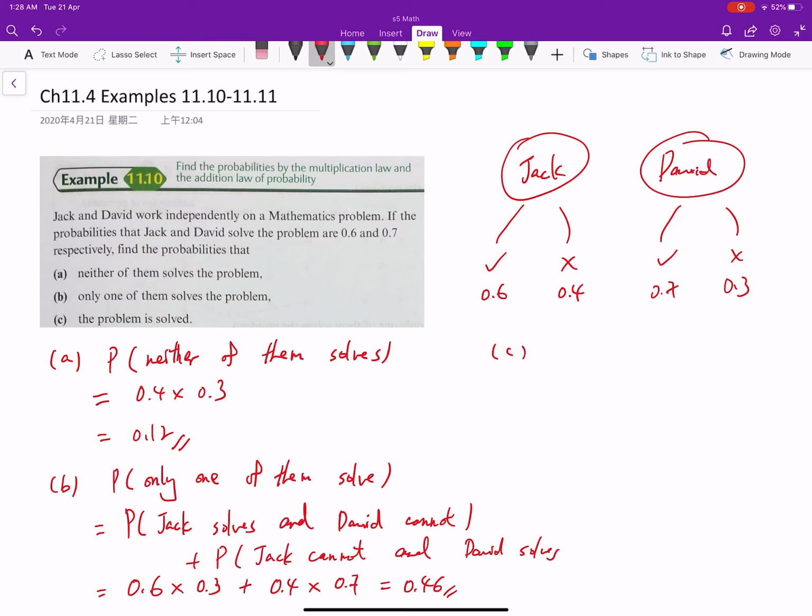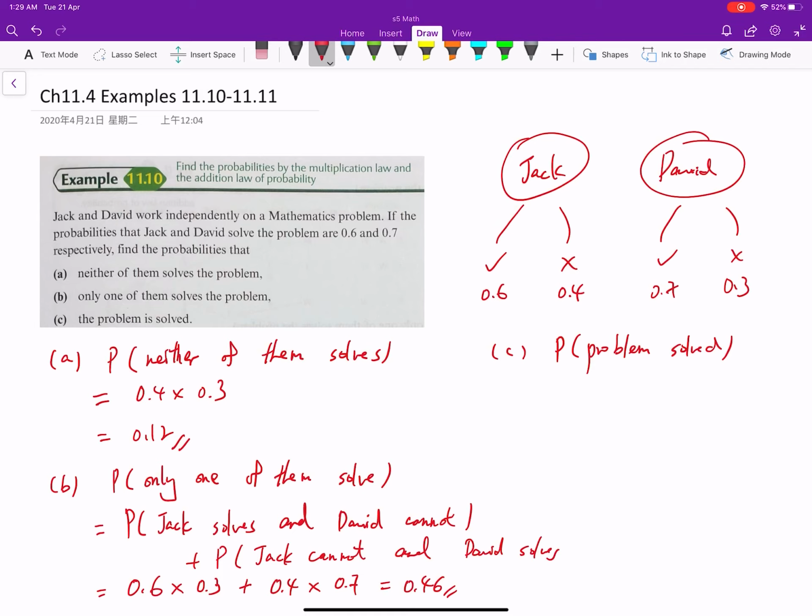And then for part C, the probability that the problem is solved. Problem solved means it can actually be Jack solved the problem, or David solved the problem, or both of them solved the problem, right?